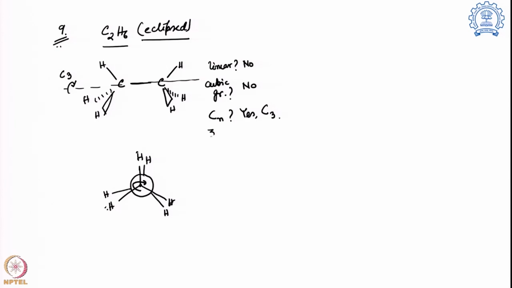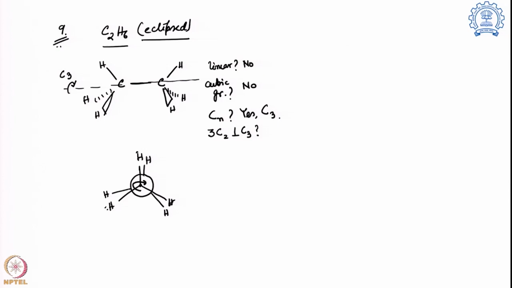Next question, do you have 3 C2 axes perpendicular to that C3, so that we can differentiate between dihedral and single axis rotation groups? So, does it have any C2 perpendicular to C3? For that we need to look at where it is possible.